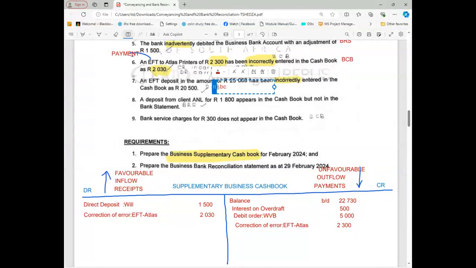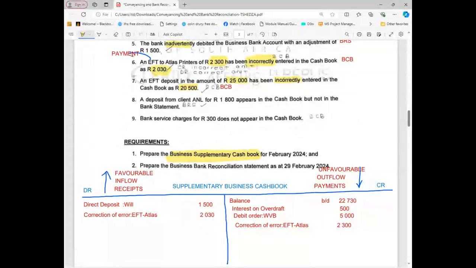So we must come and correct. Just tell me, how do you think we must approach this? The correct amount was 25,000, but they recorded it as 20,500.